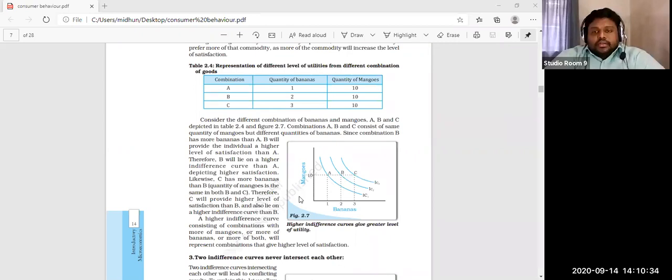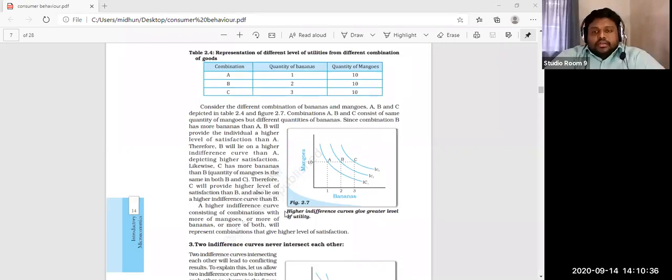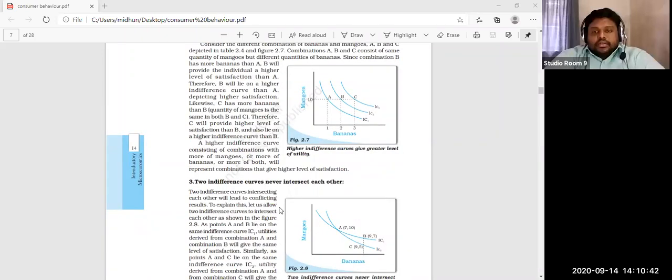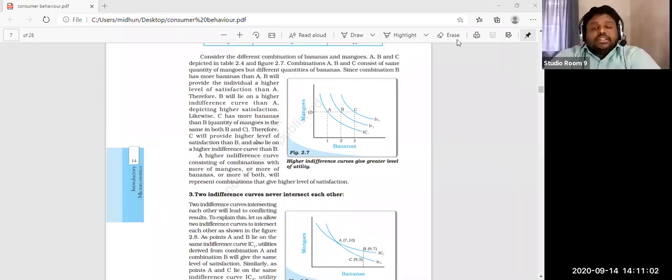And the last point shows that two indifference curves never intersect each other, because the consumer with monotonic preferences will always choose the bundle with more products or more quantity. These are the three features of an indifference curve.